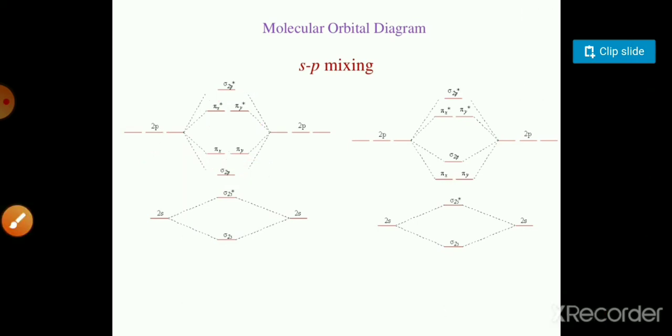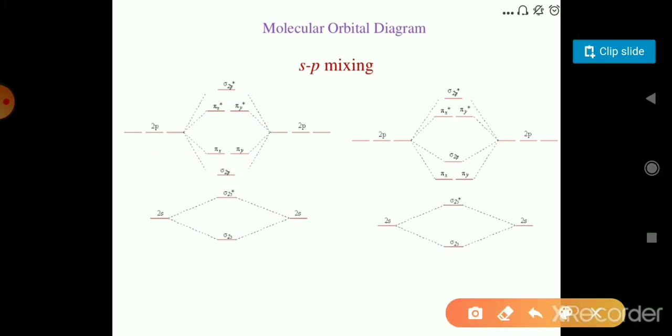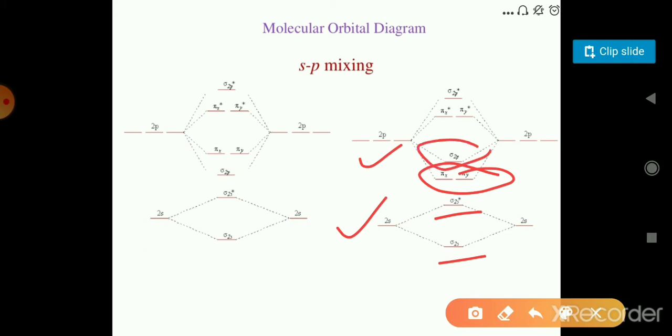But in this diagram you can see the 2s bonding and antibonding, and for 2p you can see the pi bonding for x and y, and the sigma for 2p. And here you can see the pi is different for the octahedral and tetrahedral.